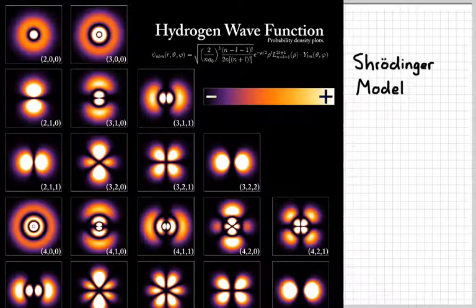If you take the Schrödinger wave equation and you solve it for all possible orientations of the electron within the atom, then you get regions of space where the electrons could exist, and those regions of space are very well defined by wave mechanics.